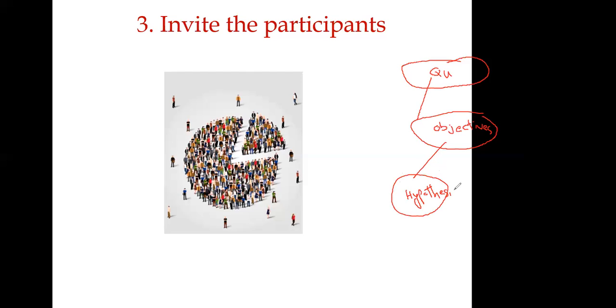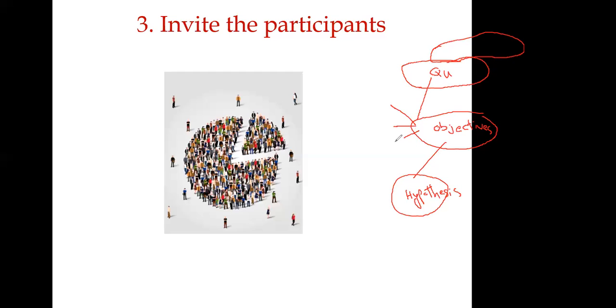For example, I will come one by one. The research question is, as I told, the leading IT company has a doubt: most of their senior software engineers are leaving the company after 40. This is their question. So they define their objectives.